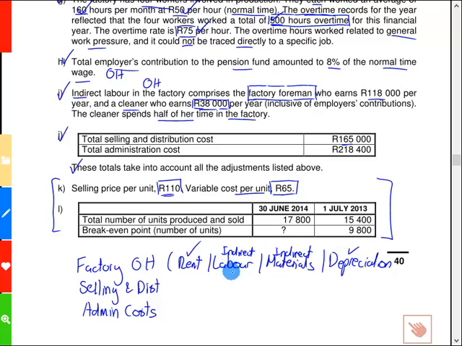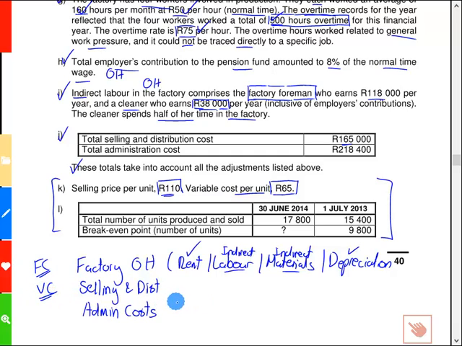These may vary, but as a general assumption, we can say that our factory overheads are generally fixed costs. Our selling and distribution costs, these are sales commissions, etc., and those vary. The more units you sell, the higher the selling and distribution costs. So these ones are normally variable costs.